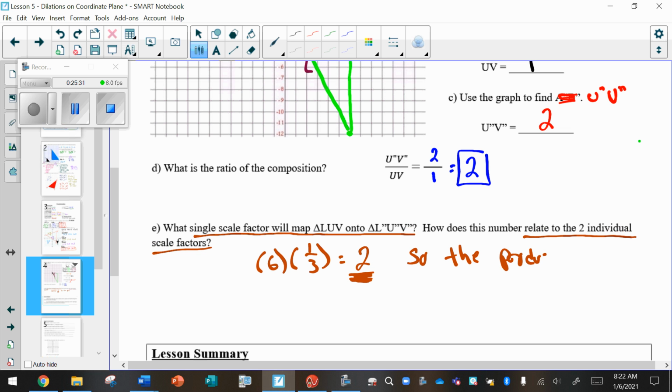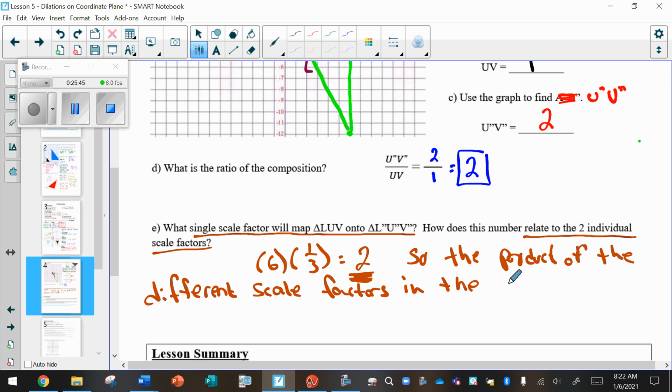So you use the product of the different scale factors in the composition to determine the overall change in size.